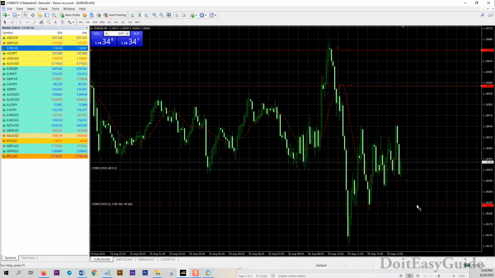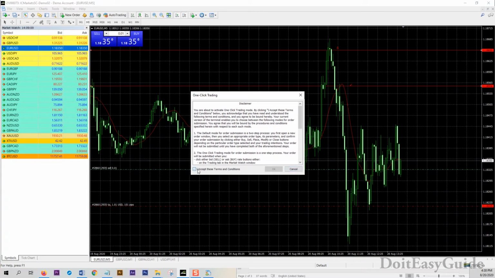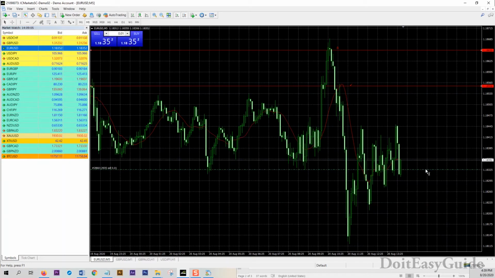Now look closely, it's 9 pips and 9 pipettes, and oops, okay, now it's 10 pips, and you can see the take profit value is 1 USD. Okay, I have to tick this as on the first time. Okay, let's place this like this.